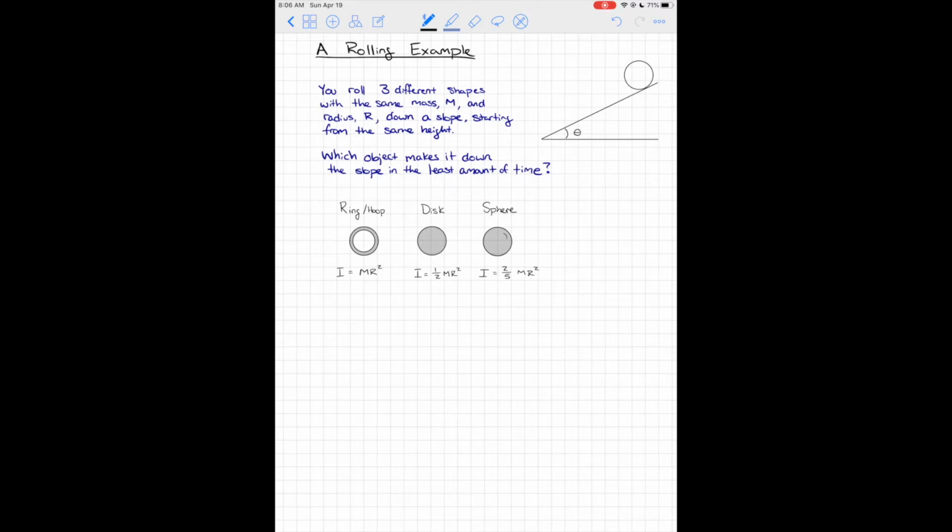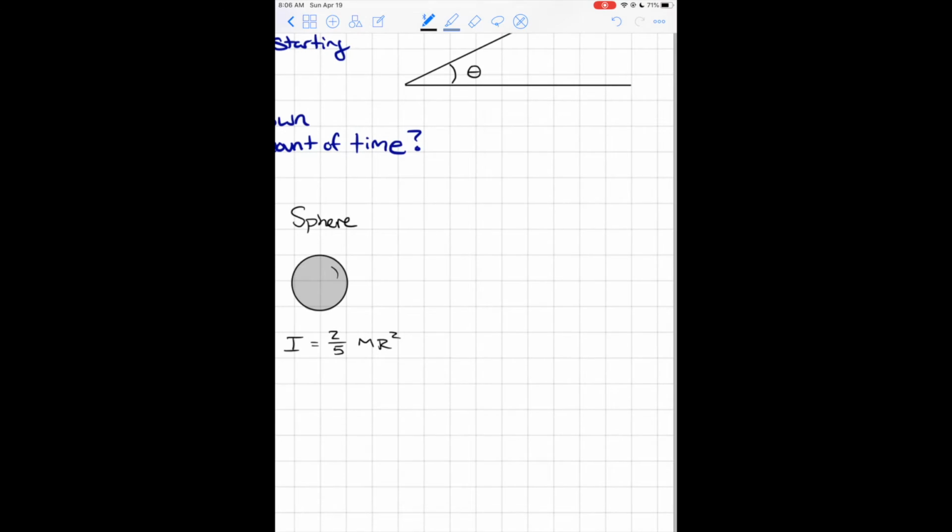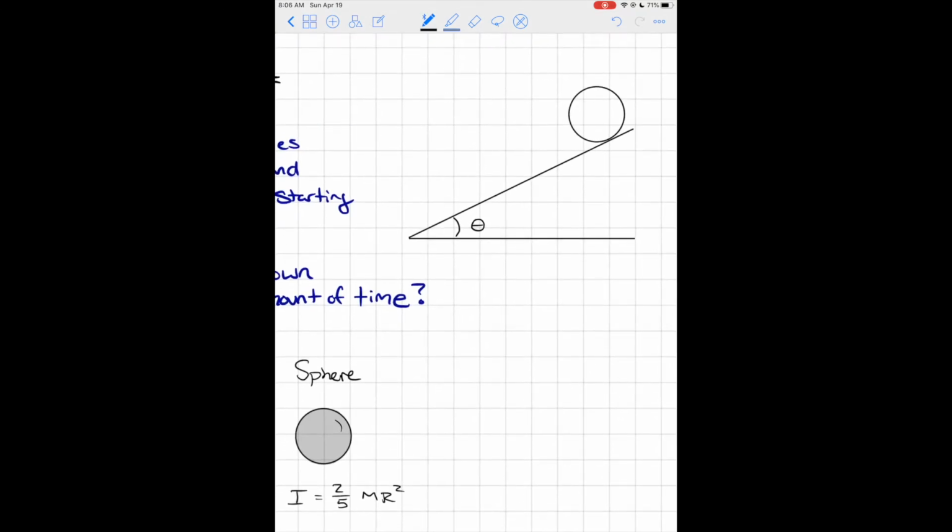And we have a drawing of our system over here. If I think about this, I can talk about the torque on this shape.